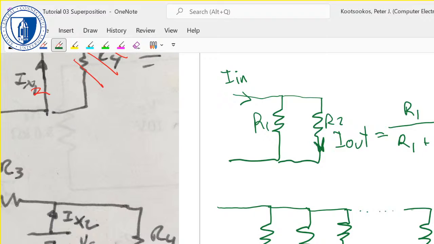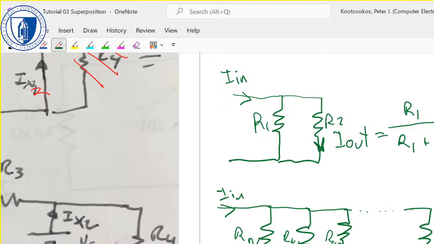Right, so suppose that's R1 and this is Rn, N minus 1, N minus 2. Here, the resistance in the other path is the equivalent resistance of all the other parallel resistors.